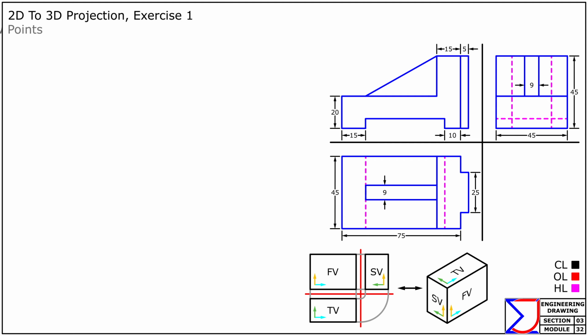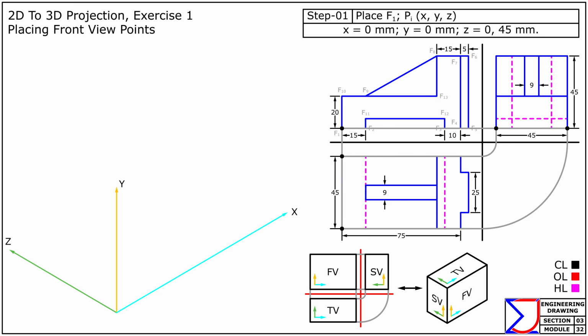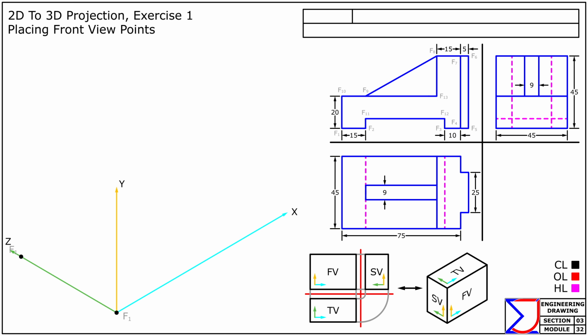Now, let's start by placing points from the front view. First, label each point randomly in the front view. Place point F1. Place point F2.